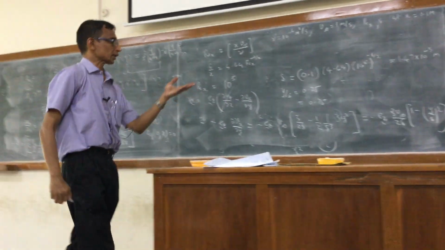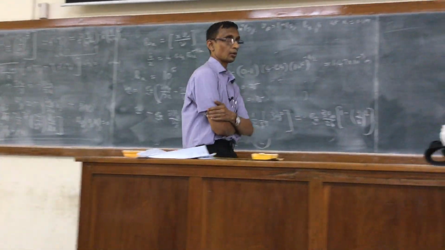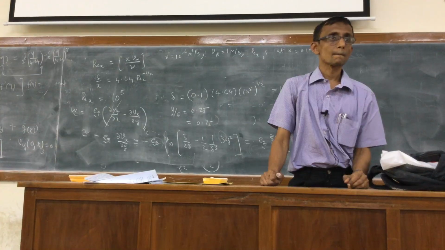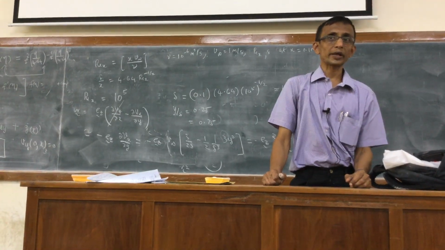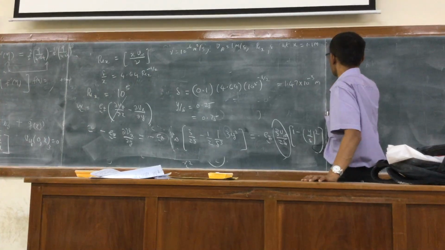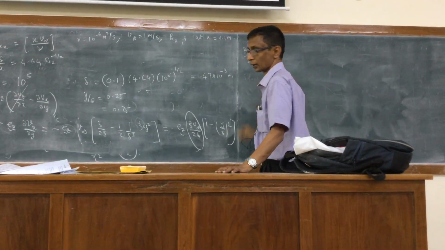In this form, you will clearly see that the vorticity is maximum at what value of y? At y equal to 0, right? And that value is 3 V infinity by 2 delta. So what is that value you can calculate? Right?